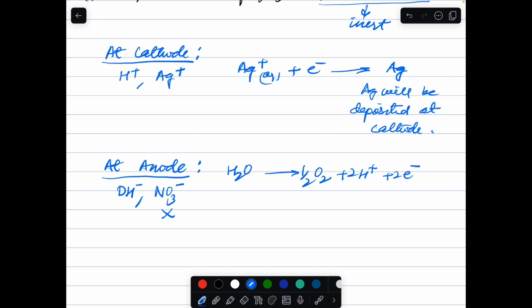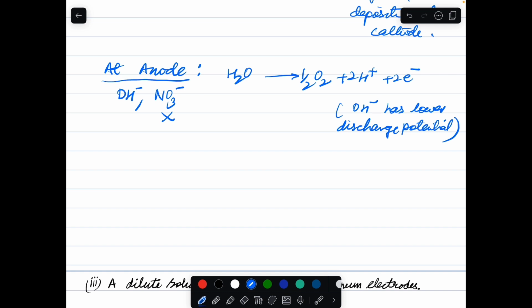Okay, and the reason for this is that your OH minus has lower discharge potential, and the reason for this is that nitrate ion NO3 minus will not undergo oxidation, as it is in the highest oxidation state.